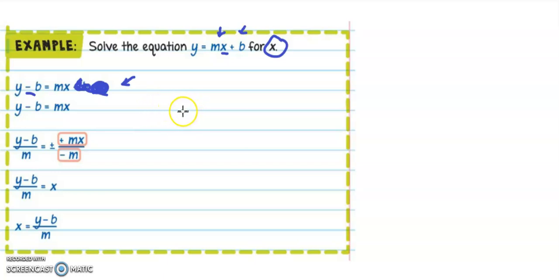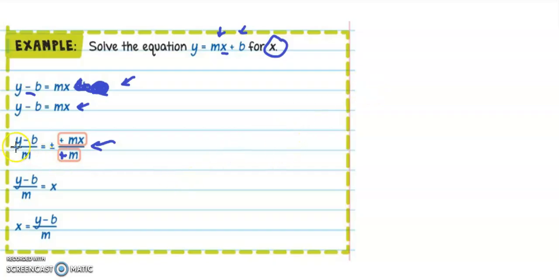Now I have to do multiplication and division. So this is a multiplication operation, so I have to, like they show us in this step, apply division. I'm multiplying by a positive m, so I divide by a positive m. I don't know why they have that as a negative there, but I divide by whatever I'm multiplying by.